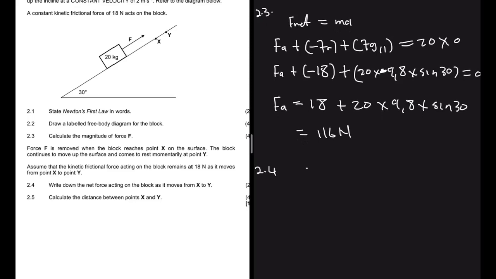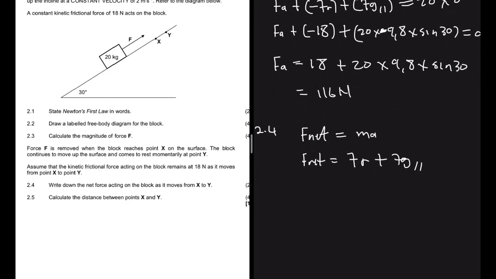So at point X, we know that F net equals MA, but now it is no longer moving at a constant velocity, so we cannot use mass and acceleration to find the resultant force, but we can use the components of the forces themselves, right? So we can have F net which is equal to frictional force plus FG parallel, right?